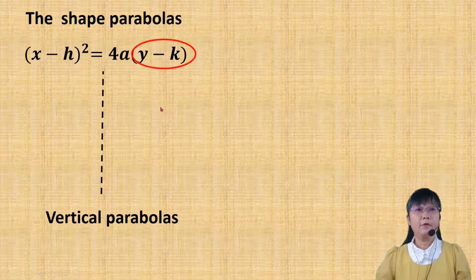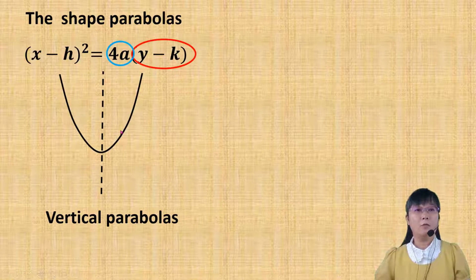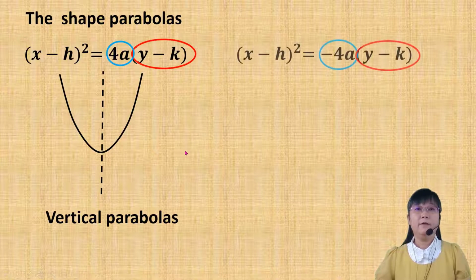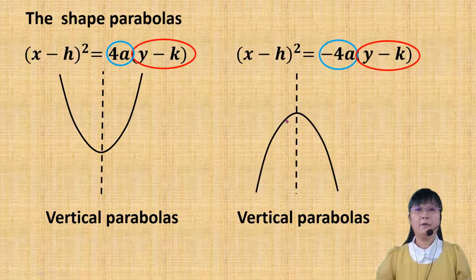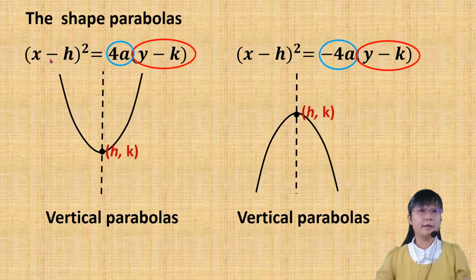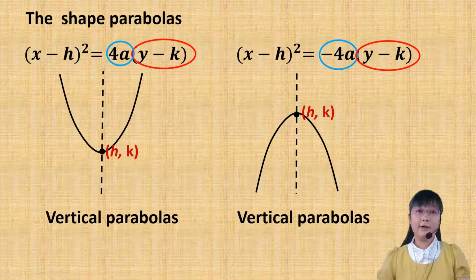If a is positive, then the parabola opens upwards. If a is negative, then the parabola opens downwards. Then for the vertex, the coordinates of the vertex can be taken from the y factor and x factor. Now for the focus, we know that the distance from the focus to the vertex is a.